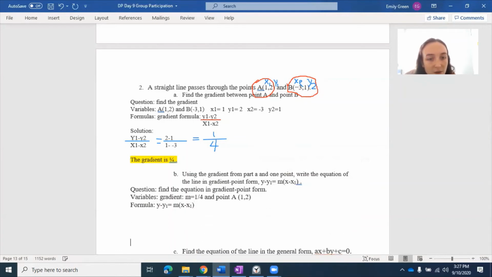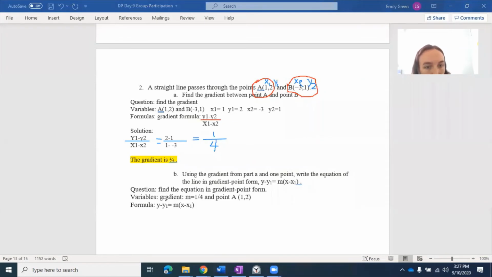Now, we do need to go back to our variables and think about how we're going to label them. Because we noticed that in this problem, we're given the formula that uses y1 and x1, so we need to label our variables in terms of y1 and x1 as well.